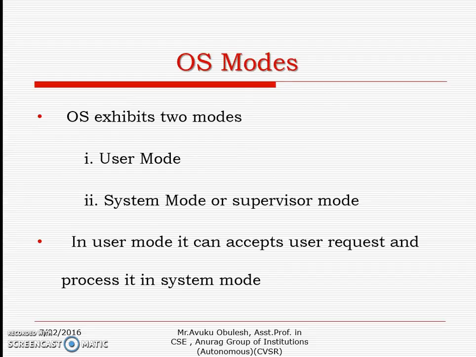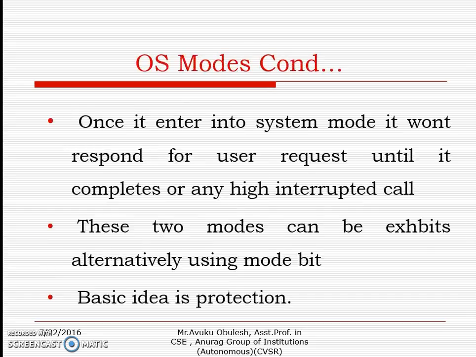As the second point, operating system modes. Operating system can exhibit two modes. First one is user mode and second one is system mode, or supervisor mode. In user mode, the operating system can accept user requests and that request will be processed in system mode.